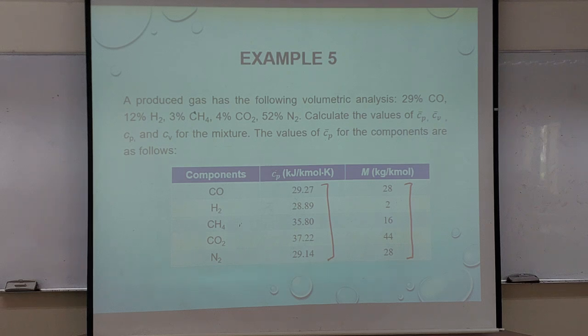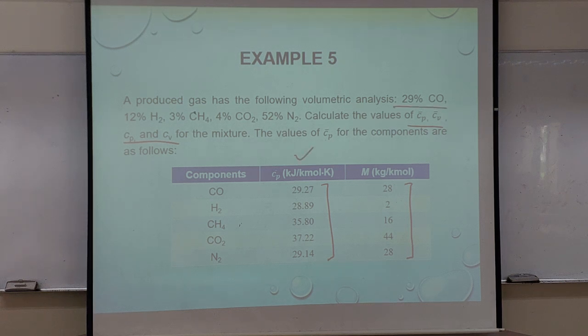From here you need to find, for this mixture, the CP bar, the molar heat capacity, and also the specific heat capacity. So these 4 things. Obviously you are going to start with this one first.